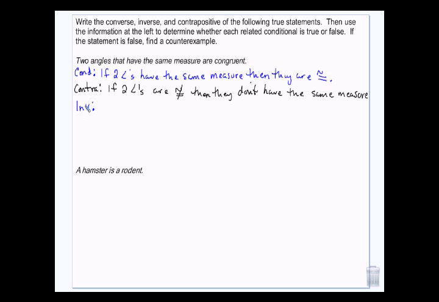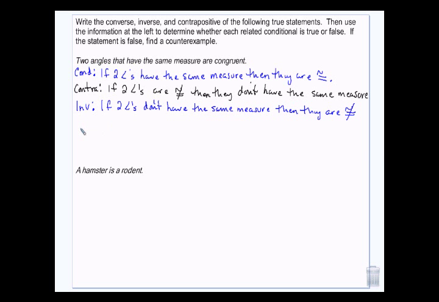Inverse is where we make them both not, but keep it in the same order. So if two angles don't have the same measure, then they are not congruent.